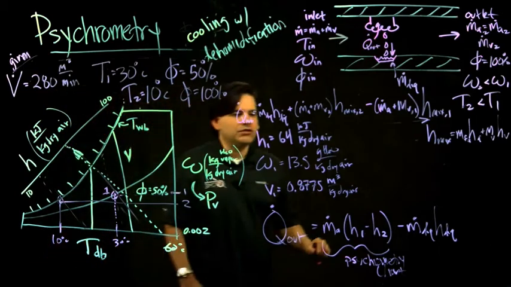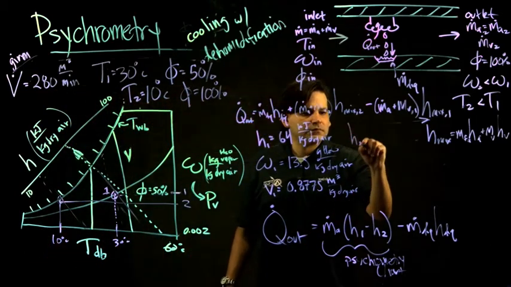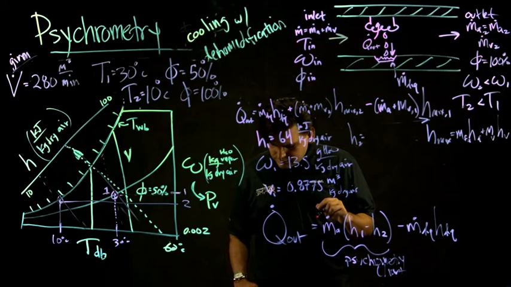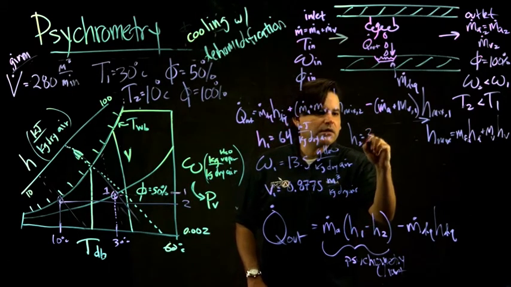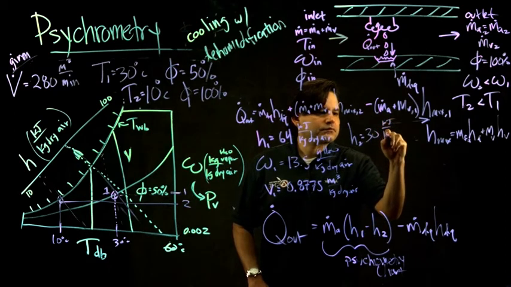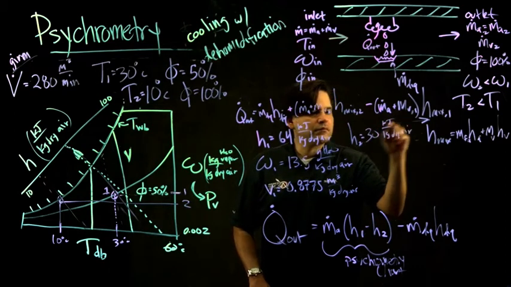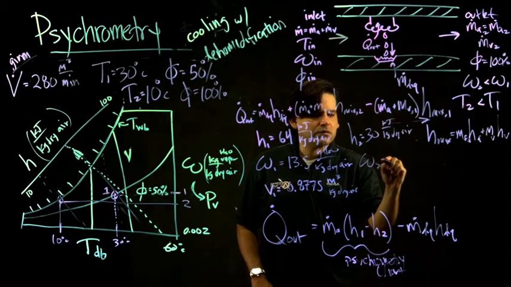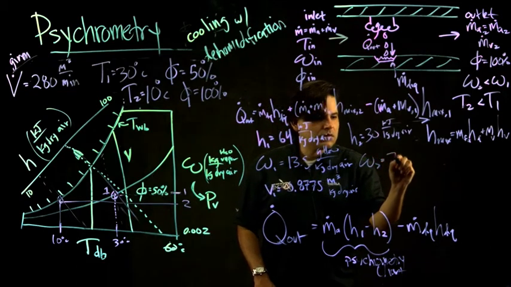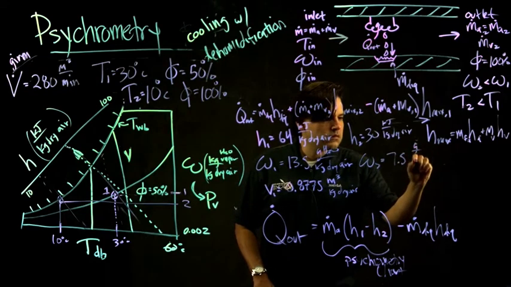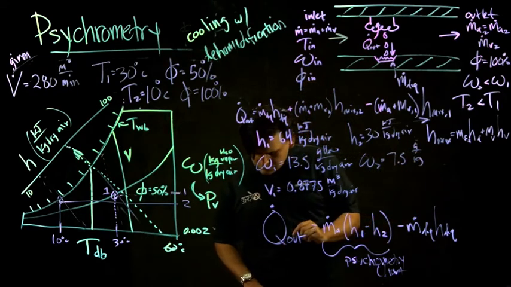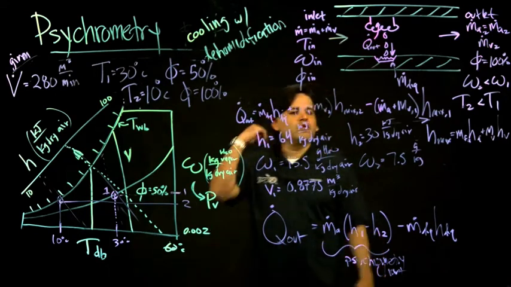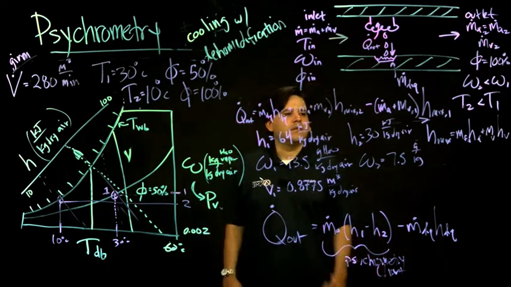So for state 2, omega 2. Okay, so that's everything we can pull from the table, which is very useful.